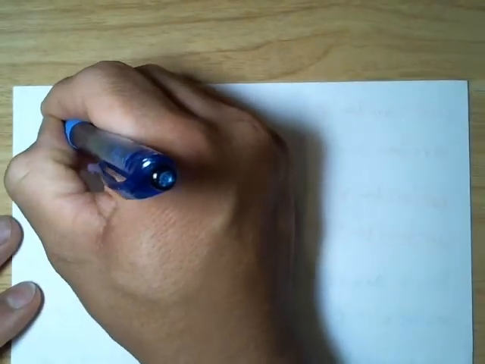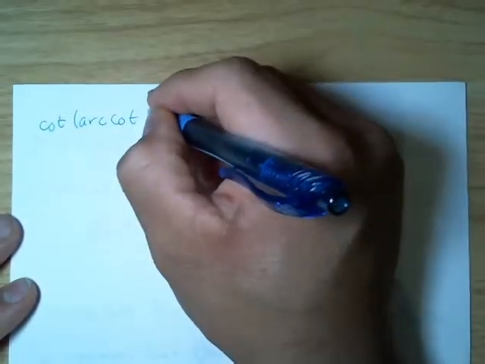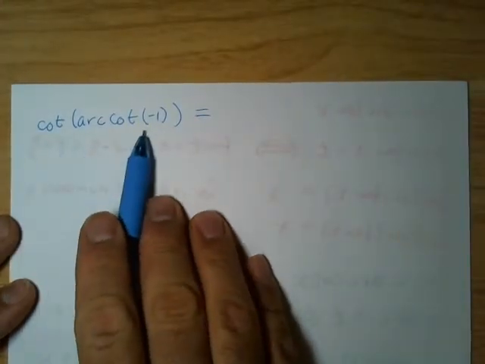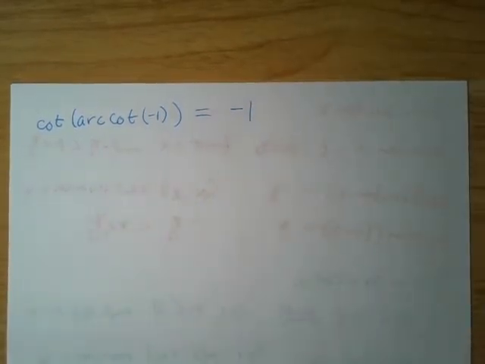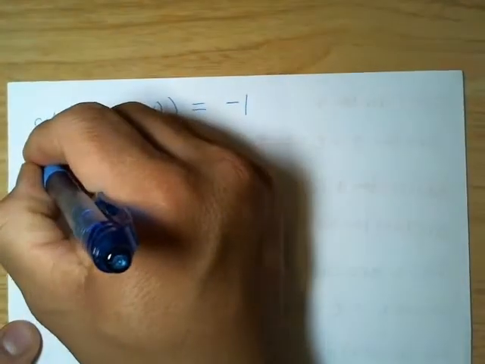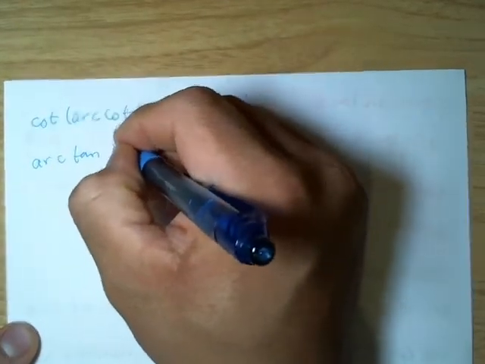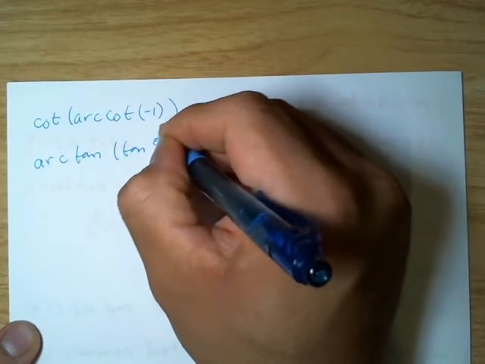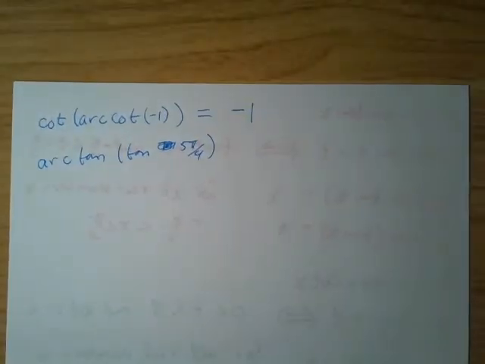If we want to do, let's say, the cotangent of arc cotangent of negative 1, then for this composition, as long as this is any real number, right away we can jump into our result, negative 1. It's only when we flip this around, let's say arc tangent of tangent of 5 pi over 4.